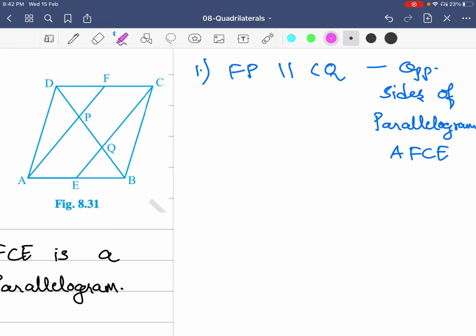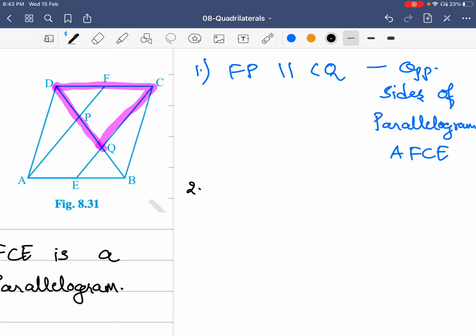Now, focus on this triangle DCQ. In triangle DCQ, F is the midpoint of the line DC, and FP is parallel to CQ. So I'm just going to mention that point here.